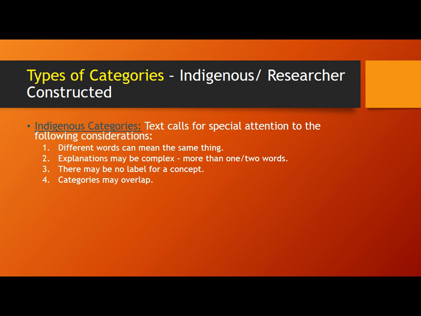And being able to sift out those details is a pretty advanced skill. I think explanations for phenomena in your participants' lives can be complex too. It takes more than just a word or two. So a meaning unit perhaps could be an entire paragraph. Okay, there may be no label for certain concepts. And then finally, categories may overlap.